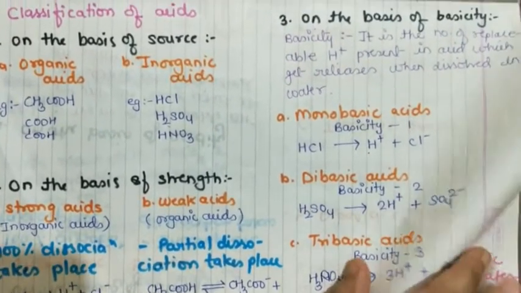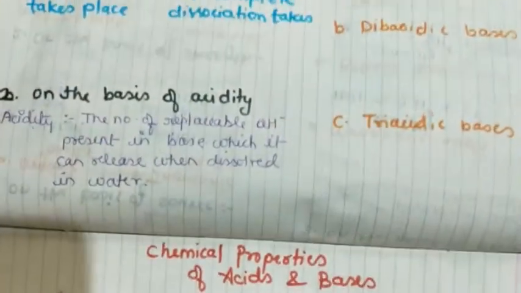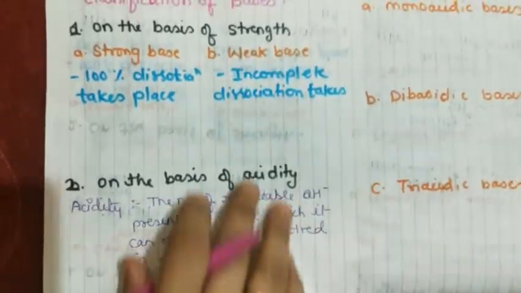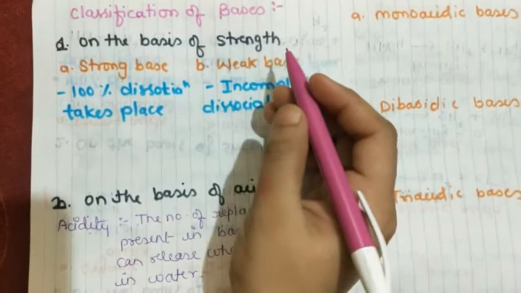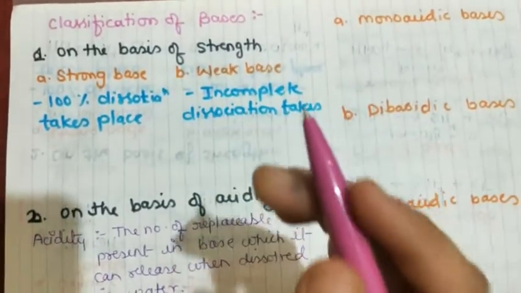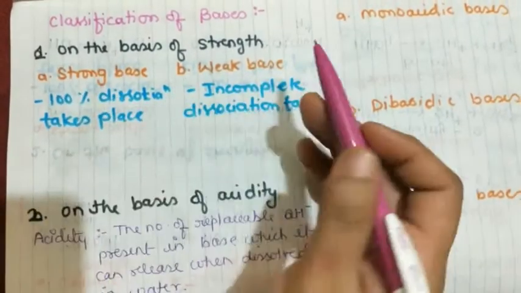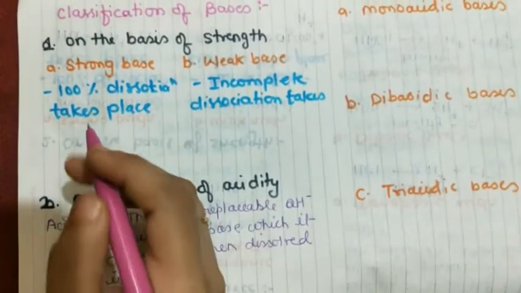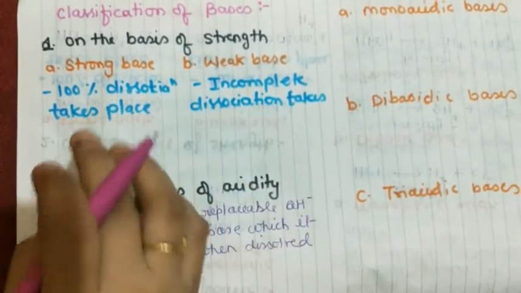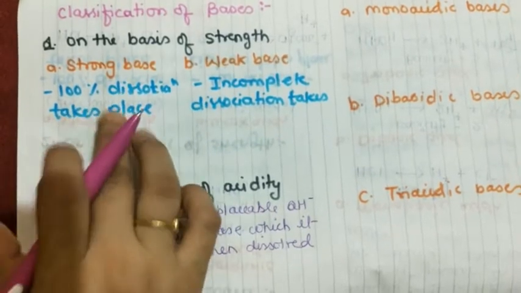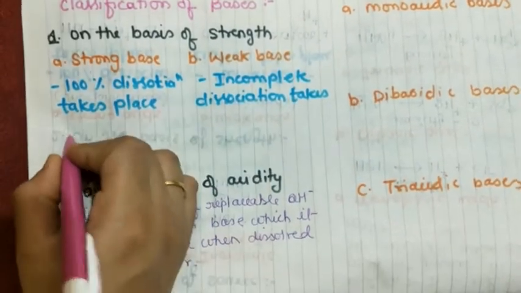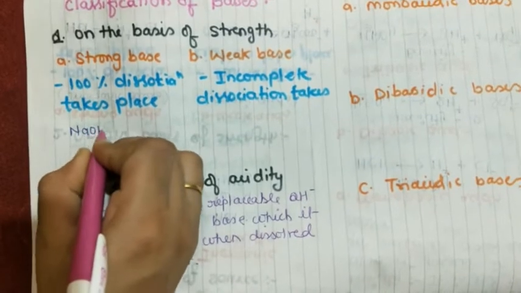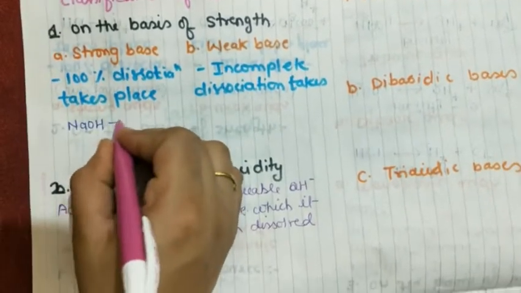Now let's talk about the classification of bases. On the basis of strength, bases can be classified as strong base and weak base. If we talk about a strong base, again it is the same thing: here 100% dissociation will take place. Suppose NaOH is a strong base.